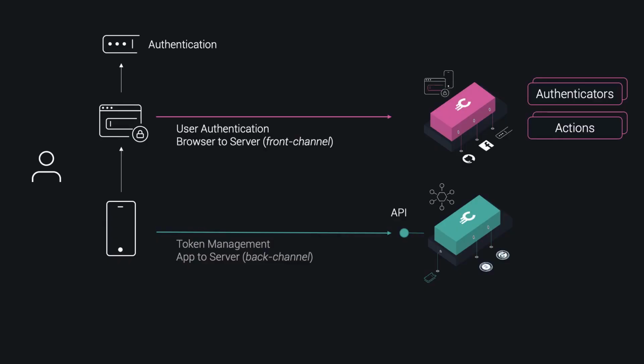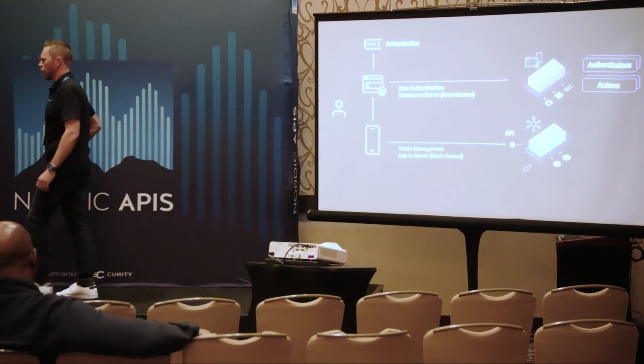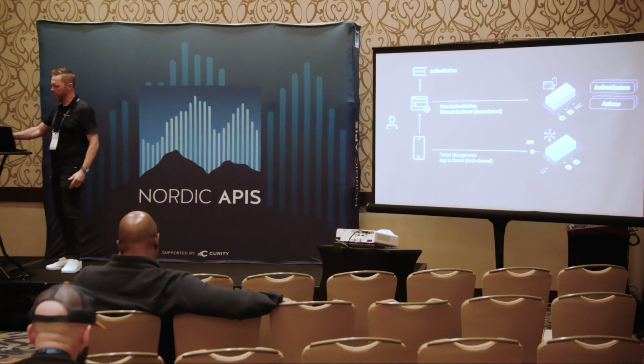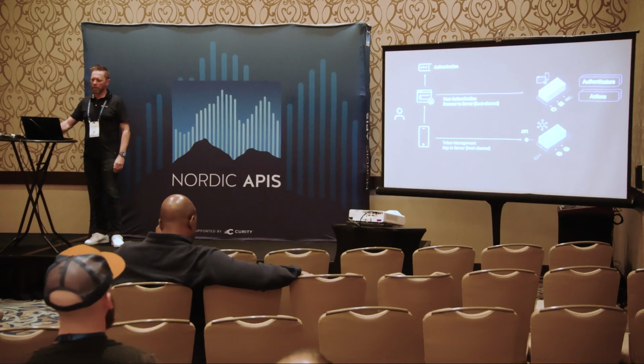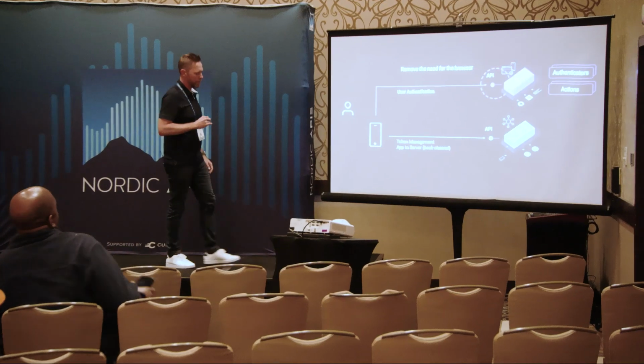If we look at it from a diagram perspective, this is a traditional OAuth flow where you have the mobile app. It moves into the browser context that executes, in this case, a code flow. And the user authentication happens in the browser to server in the front channel. And eventually a token is issued. But if you run a Hoppy flow, it simplifies the diagram, but that's not necessarily the point.